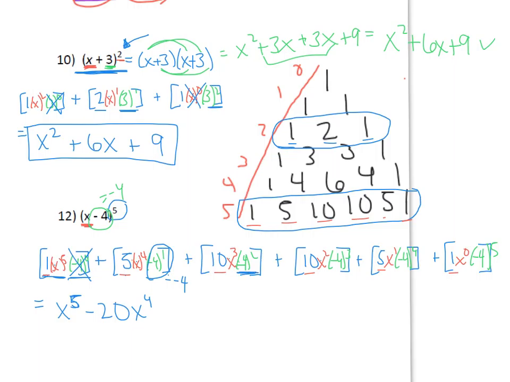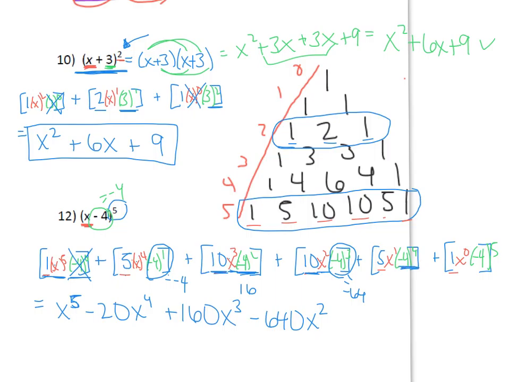Next part, we do exponent first. -4 squared is 16. 16 times 10 is 160. X to the 3rd. We include our x to the 3rd. -4 to the 3rd power is going to equal -64. -64 times 10 is a -640 x to the 2nd power.